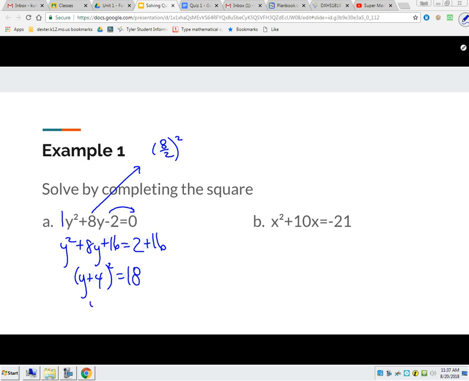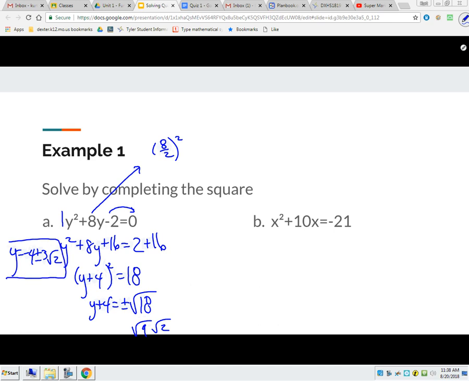Take the square root of both sides, get y plus 4 equals, I need a plus or minus here, square root of 18. And so that's going to give me, if I subtract 4 from both sides, y equals -4 plus or minus, and be careful with this 18 right here. It's got a perfect square. That's just 9 times 2. So 3 square roots of 2.